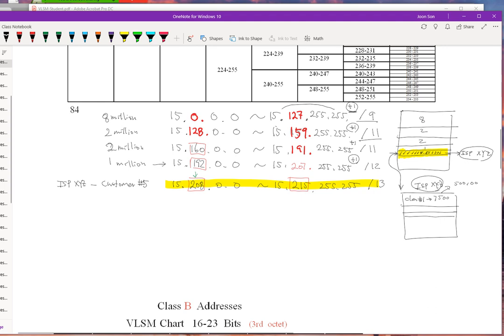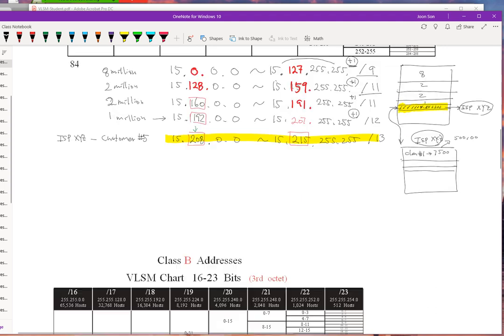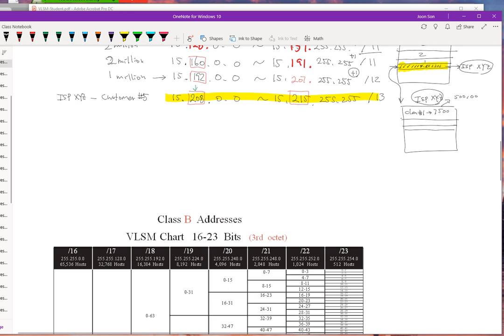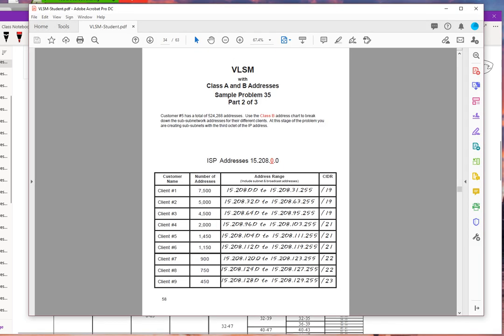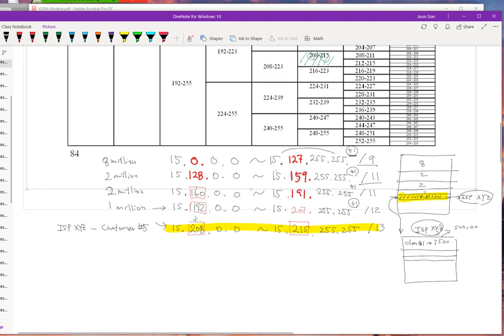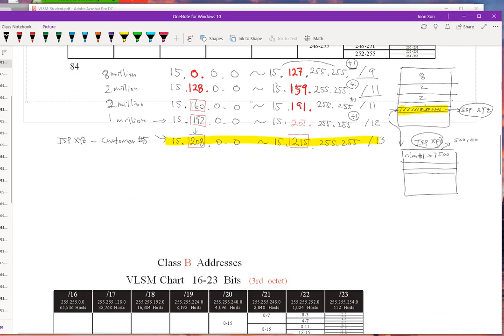So now let's divide this network, and that's why they call it a sub network. This is a subnet, this is another subnetwork.